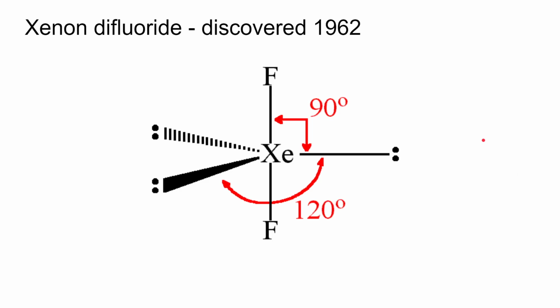This is xenon difluoride, discovered over 50 years ago, in 1962. And it's a pretty interesting element. They pretty much only bond with fluorine and chlorine, because these are so electronegative, they can influence the noble gases. We're going to get to that in just a little bit, but basically same rules as anything.